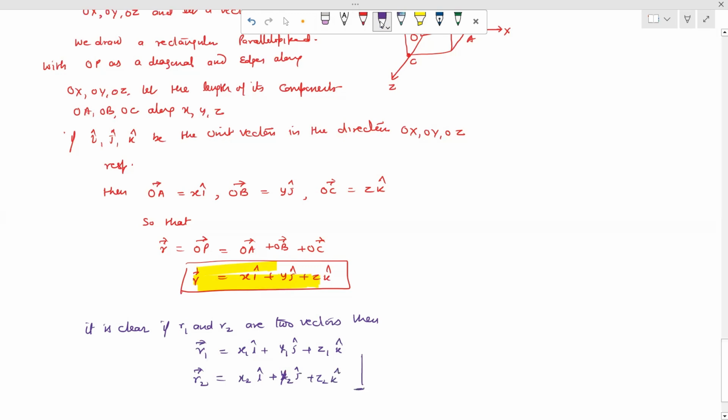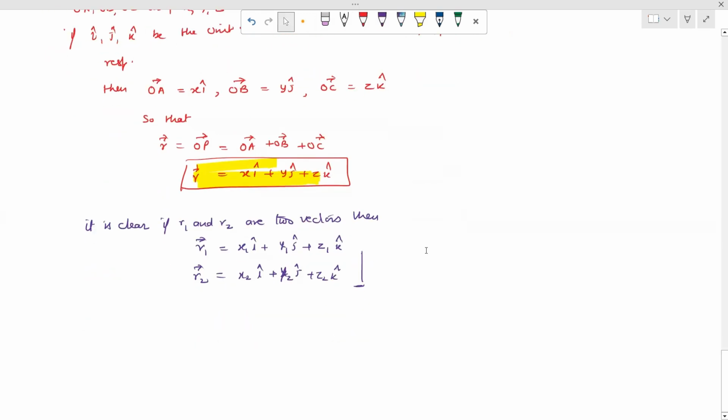So when we add two vectors, r1 plus r2, the sum we can write as (x1 plus x2) into vector i, plus (y1 plus y2) into vector j, plus (z1 plus z2) into vector k.